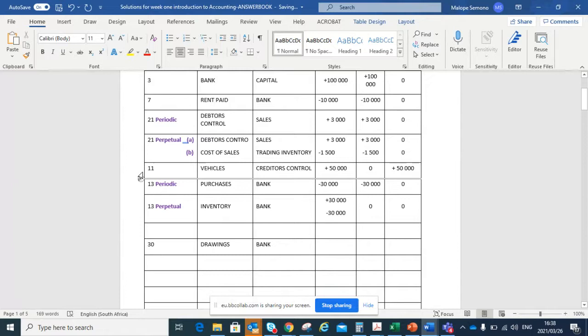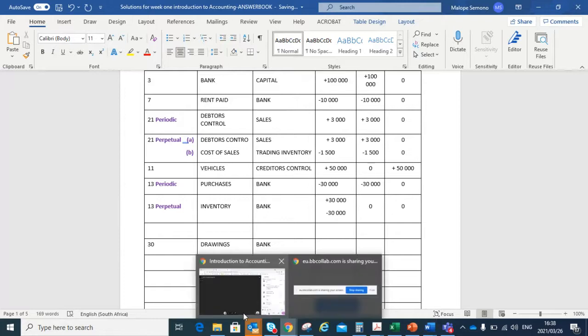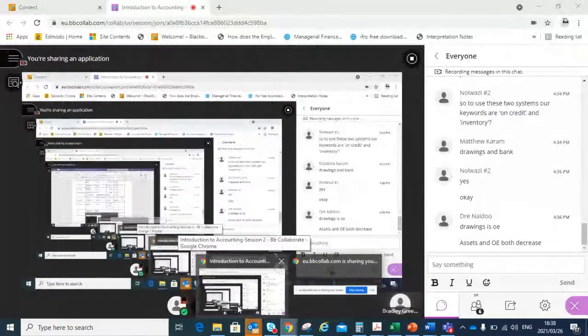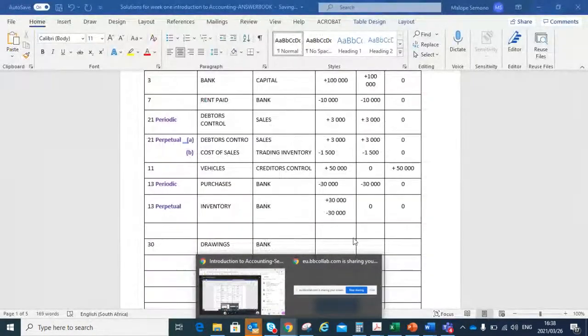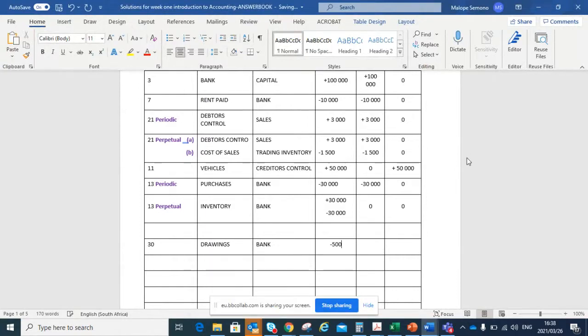Please help me, which one will I affect and how? Assets, perfect. Thank you so much. I'm going to have minus 500 and minus 500. And there's no liability.